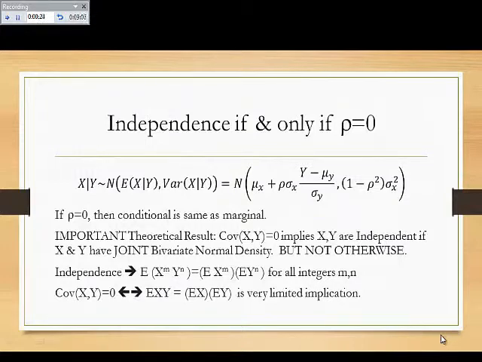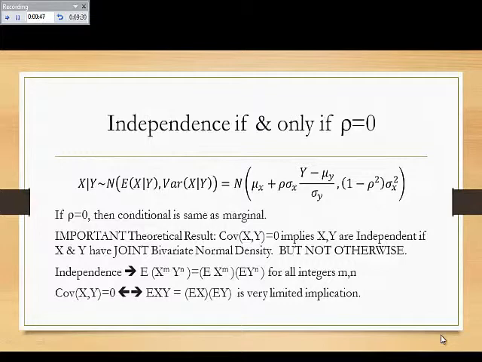It's normal with mean mu x plus rho times sigma x times the standardization of y, that is y minus mu y over sigma y, and that's the mean of x given y, and the variance is 1 minus rho squared times sigma squared x. So that's the conditional distribution.